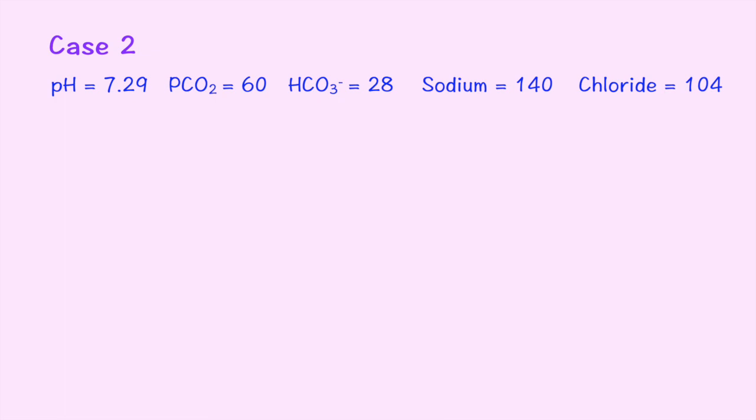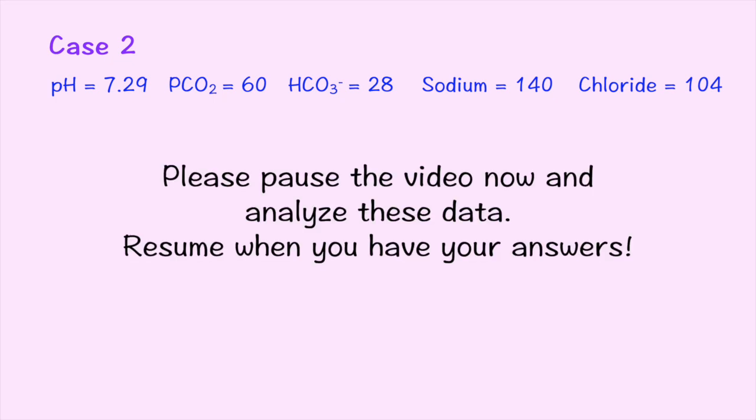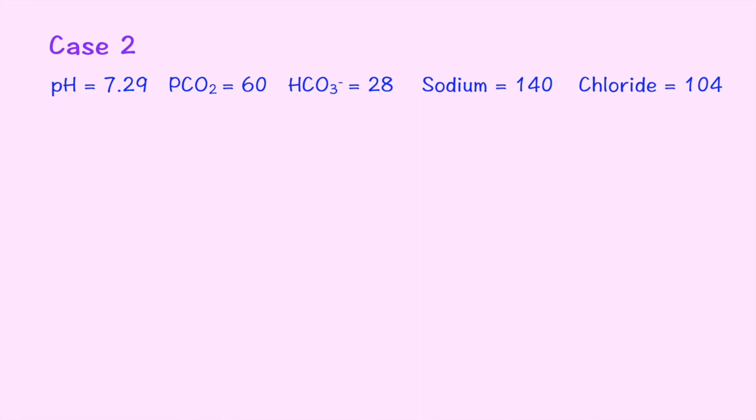Case number 2. pH 7.29, PCO2 60, bicarbonate 28, sodium 140, chloride 104. You know it's acidemia. You know both keys are high. That underventilation has to be the reason why. So we go to question 5.